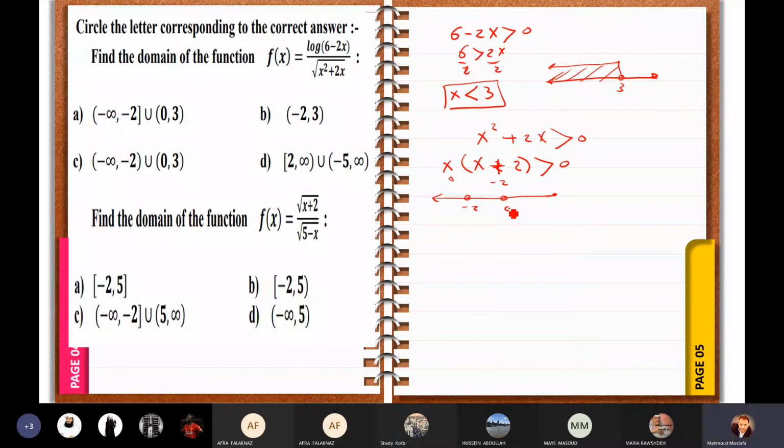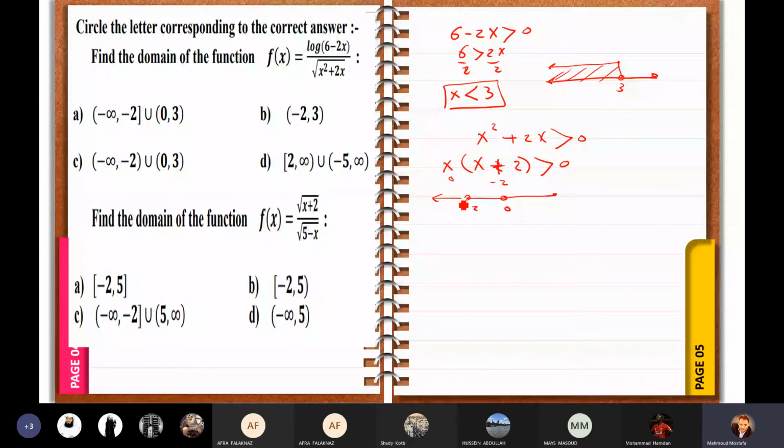Less than negative 2, like negative 3: this is negative, negative 3 plus 2 is negative, negative multiplied by negative. A number between negative 2 and 0, like negative 1: this is negative, negative 1 plus 2 will be positive, negative multiplied by positive is a negative.